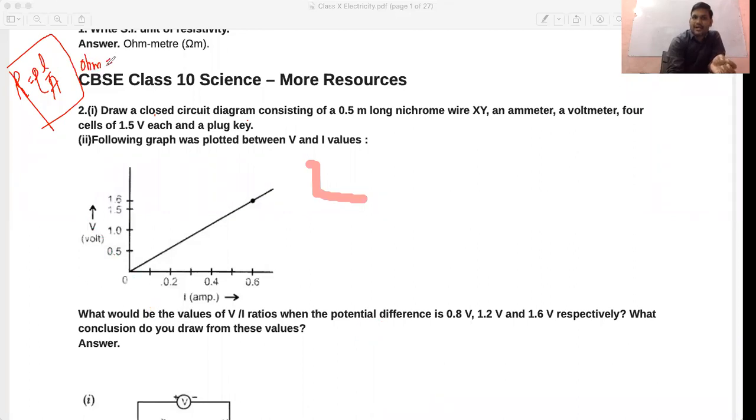For rho, the unit will be ohm times meter square over meter. Once the meters cancel out, the unit of resistivity is ohm meter. Is it clear?